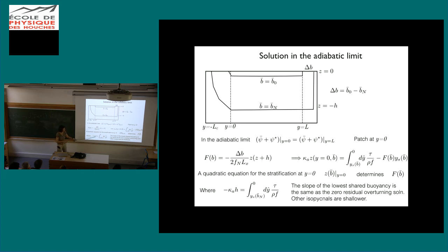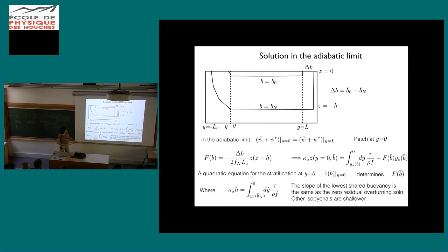Right, and then h. So we need to know h. At h is where our last shared isopycnal is. So that corresponds to the 0 of the overturning stream function, which is f of b. So you set that to 0 and z equal to h, and that's the expression for h.